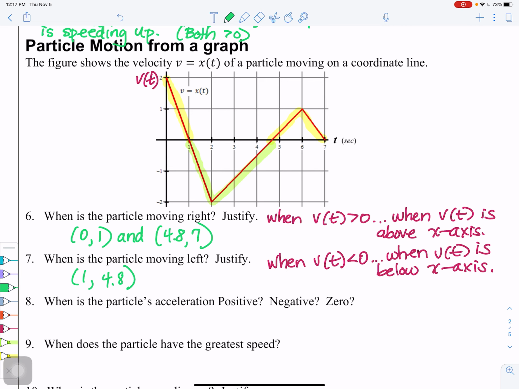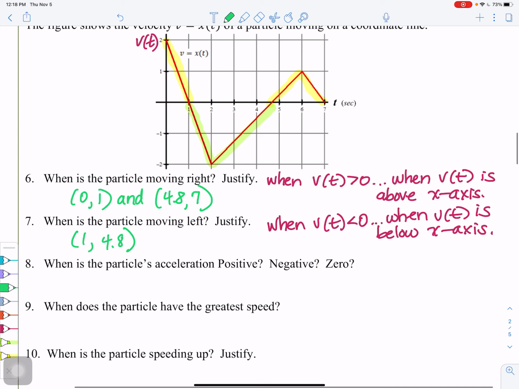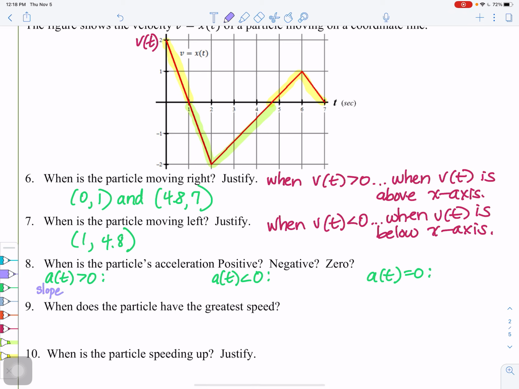When is the particle's acceleration positive, negative, and 0? So the acceleration is positive, the acceleration is negative, and the acceleration is equal to 0. Let's talk about each one of those. The particle has positive acceleration when the slope is positive. This is when the slope of the velocity is negative, and this is when the slope is 0.